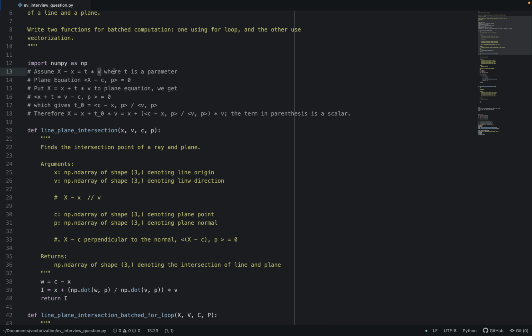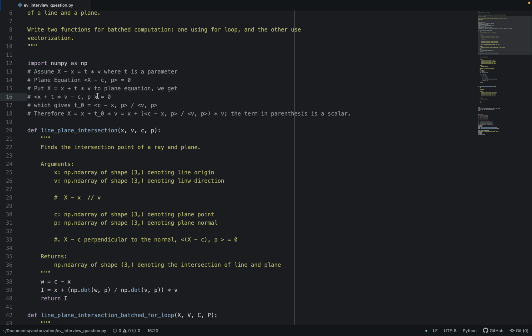So this is the line equation. The plane equation is (X minus c) dot product with p equals 0. If we put capital X equals little x plus t times v from the line equation into the plane equation, we get this expression.